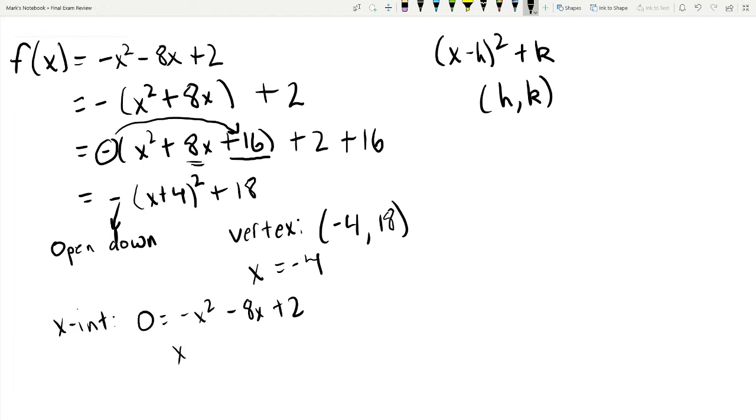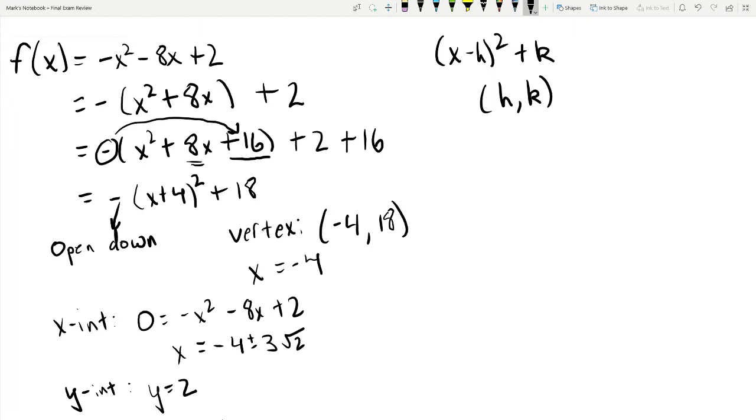I'm not going to do that here, but if you'd like to practice on your own, the solutions that you should get are negative 4 plus or minus 3 root 2. And of course, we can get the y-intercept as well by plugging 0 in for each of the x's. And if we do that, we're going to get a y-intercept of 2.